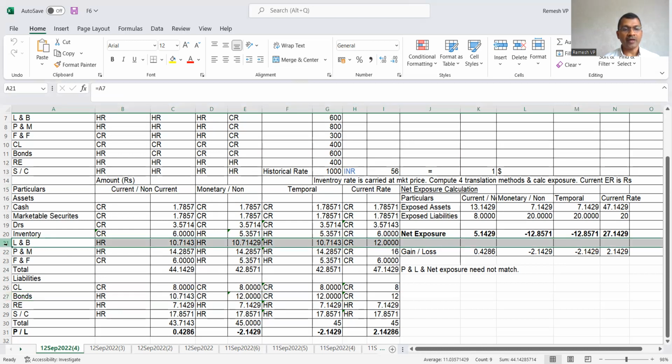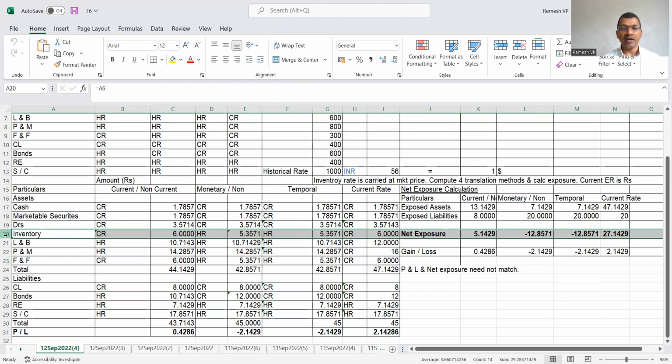Also, land and building, plant and machinery are taken at historical rates. Furniture and fixture is taken at the current rate because it's liquefiable, isn't it? Monetary and non-monetary is similar, and in that case it also considers the inventory at historical exchange rates.